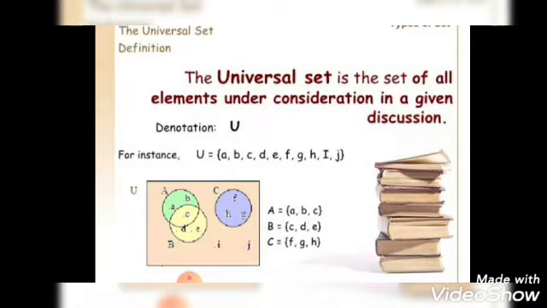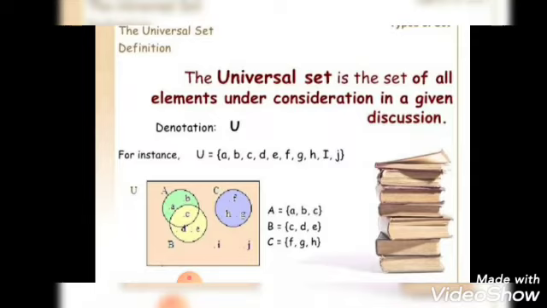Means in the universal set the common element should not be written again. It should be written once. We have to write in a line. First, set A: A, B, C. See, the universal symbol is like U. U is equal to the set of A, B, C. C is repeating here in A and B also, so we will write only one.